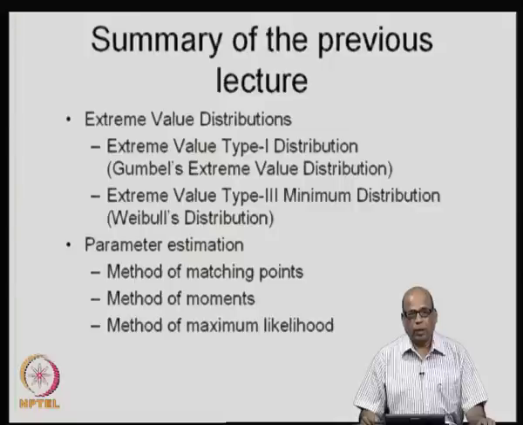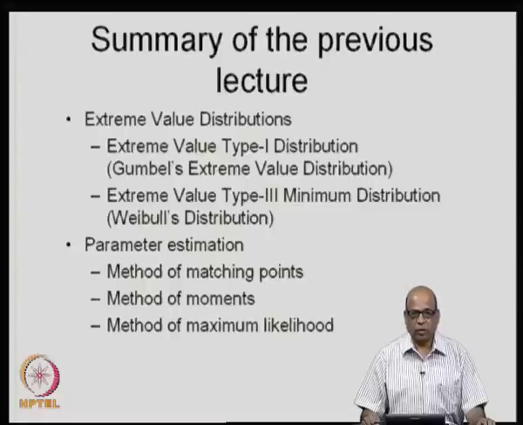In the method of moments, we take as many moments of the PDF as you have parameters. For example, if you have 2 parameters, you consider the first 2 moments of the PDF. The first moment being the expected value of the random variable itself.